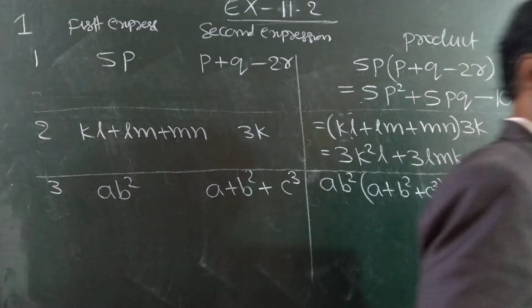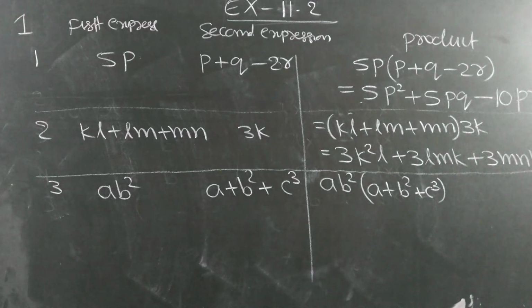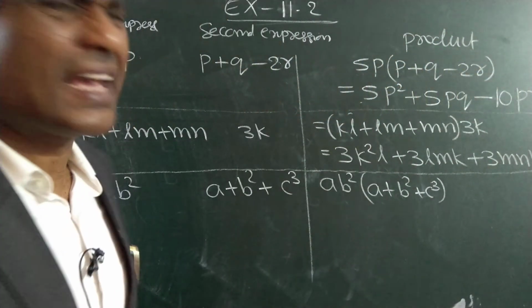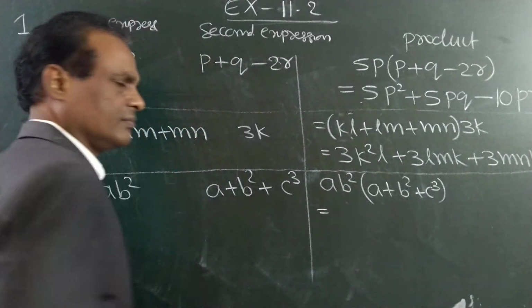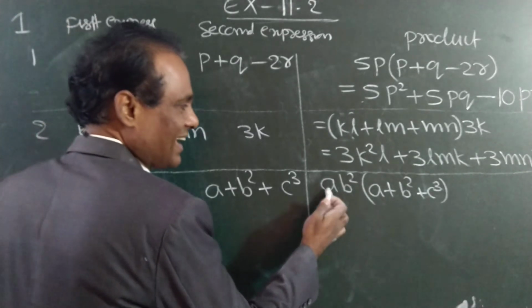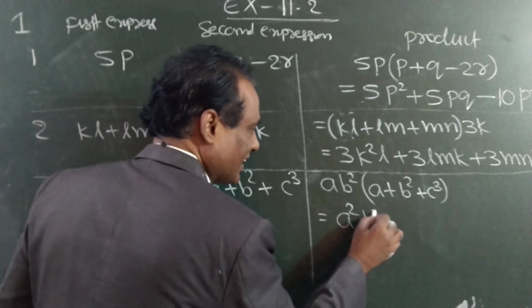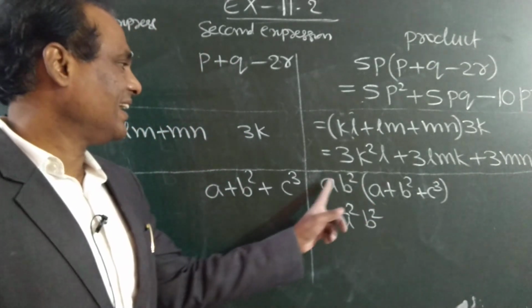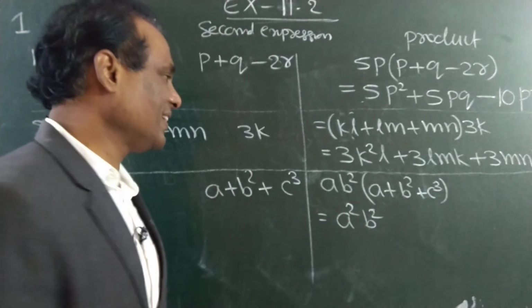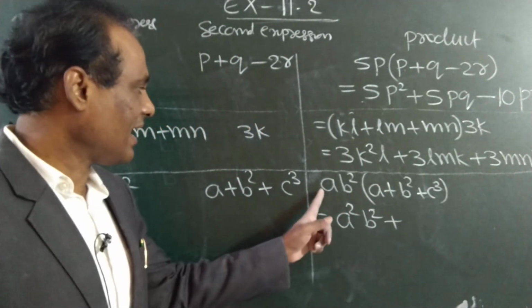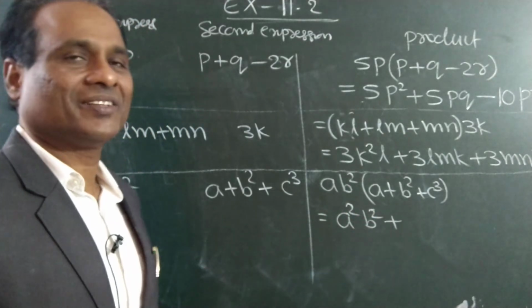Multiply them. Very simple. I am writing the direct step. A into A is A square, and B square is same.